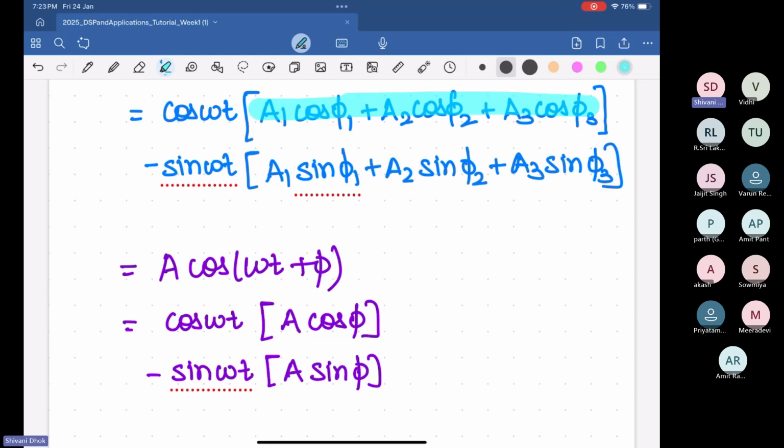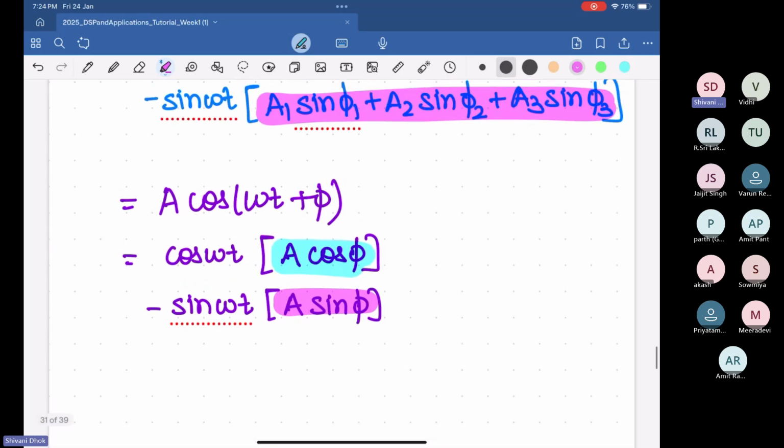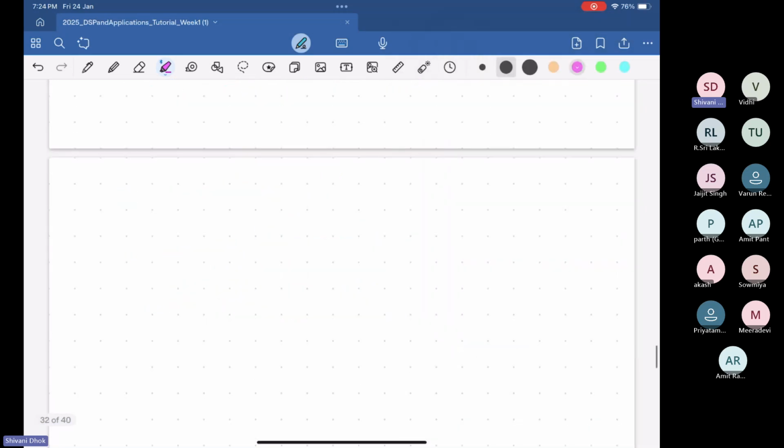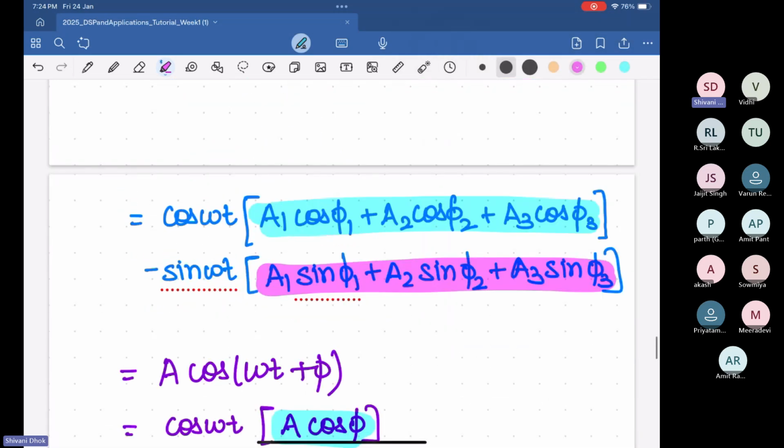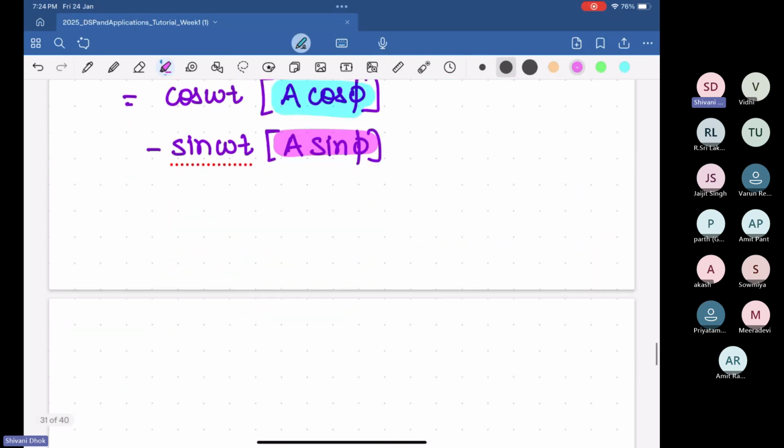So here the coefficient of cos of omega t should be equal to the coefficient of cos of omega t here. And similarly, the coefficient of sin of omega t in the above equation should be equal to the coefficient of sin of omega t in this particular equation. Okay. So now what we get is this a cos phi comes out to be equal to a1 cos phi 1 plus a2 cos phi 2 plus a3 cos phi 3.